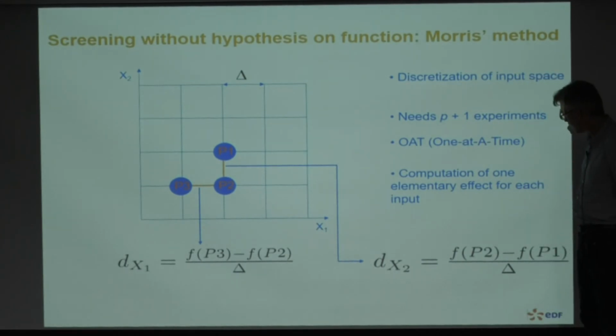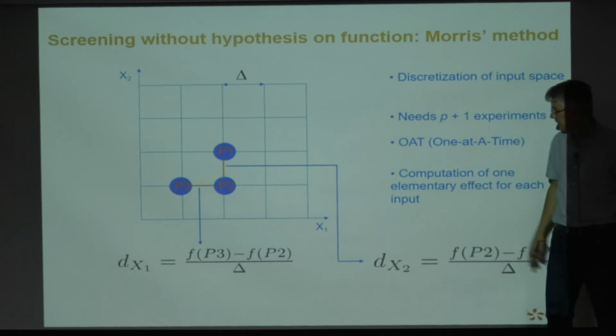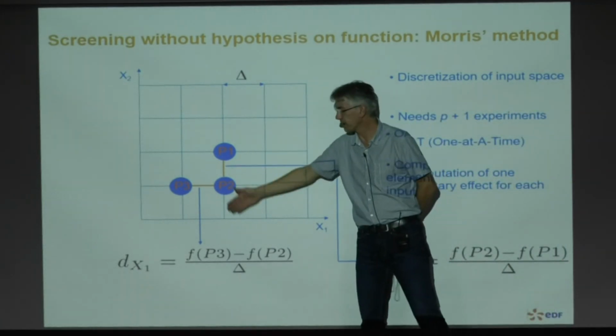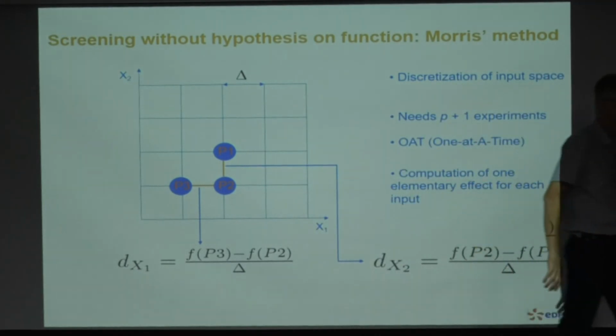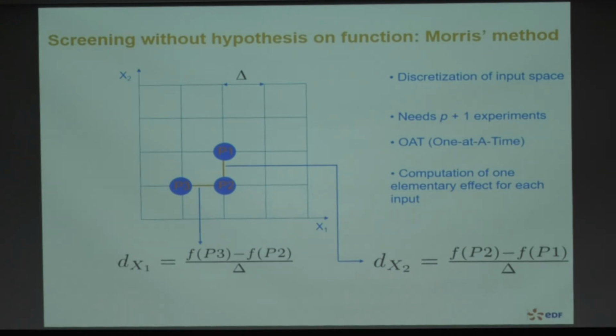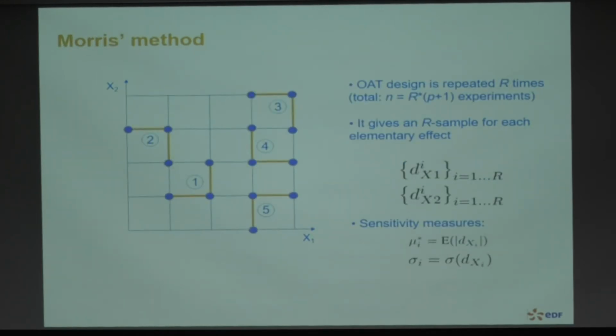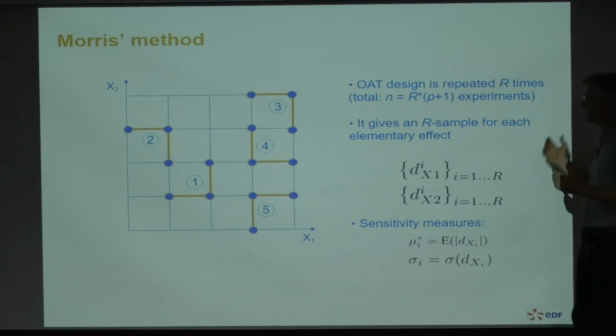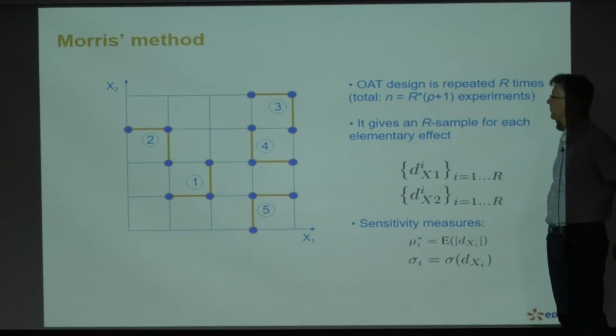And in the same manner, I can compute the elementary effect of x2, just by finite difference. Okay, so for one-at-a-time experiments, I have one elementary effect for each input. And now I repeat this randomly r times.